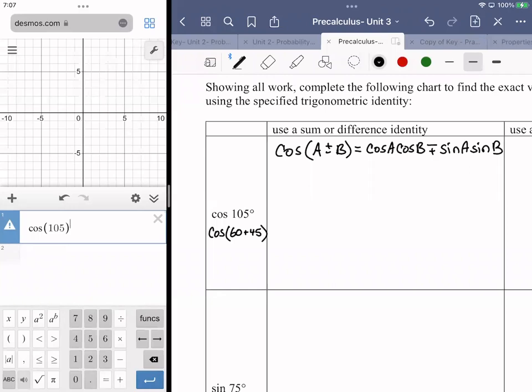All right. So I want cosine of 60 plus 45. So that's the yellow variant here. So cosine 60, cosine 45 minus sine of 60, sine of 45.